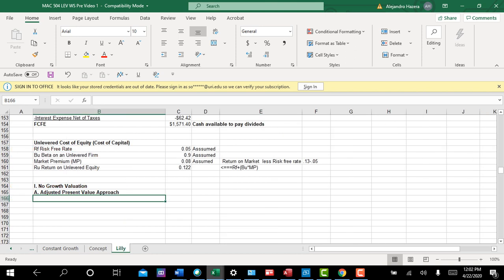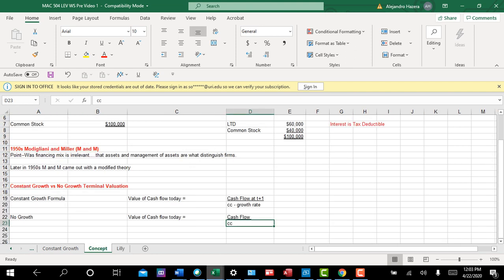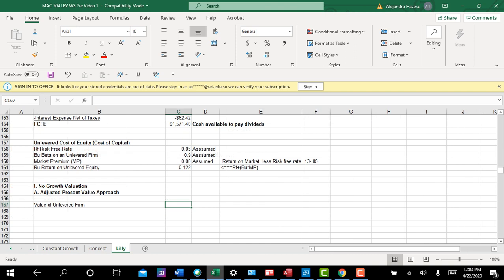The first thing we're going to do is compute the value of the unlevered firm. Using the no growth formula, which is cash flow divided by the cost of capital, we're using this formula right here. The cash flow we're going to use is the free cash flow to the firm, which is calculated up above.